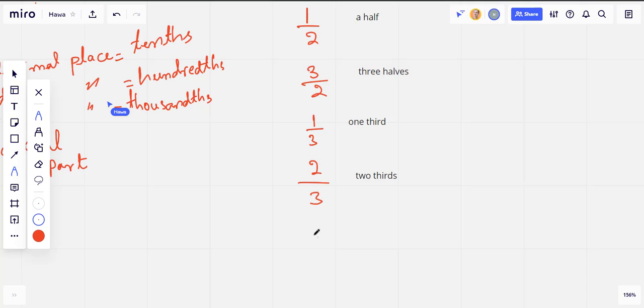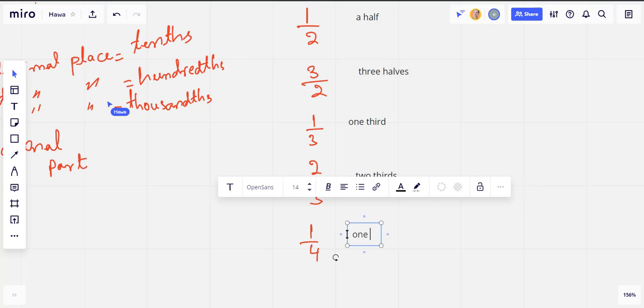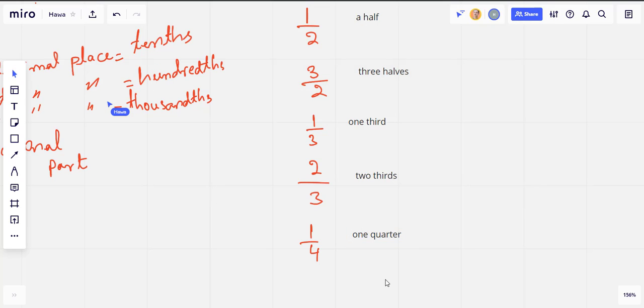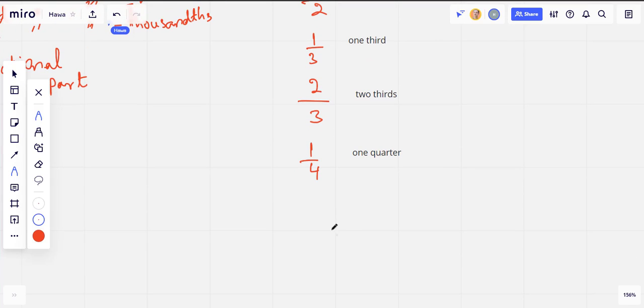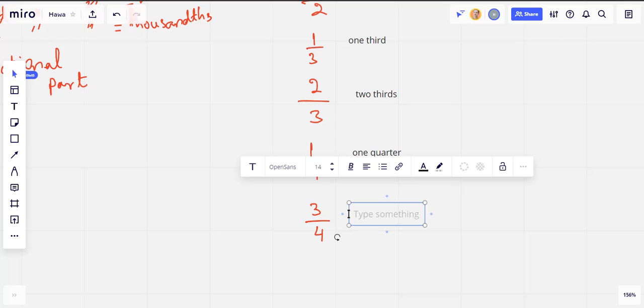Okay, now let's see it for 4. So 1 over 4 can be said or written as 1/4. And if the numerator is more than 1, then we need to use the plural of quarter. Let's say 3 over 4. Then it can be said or written as 3/4, with the s at the end, the plural of quarter.